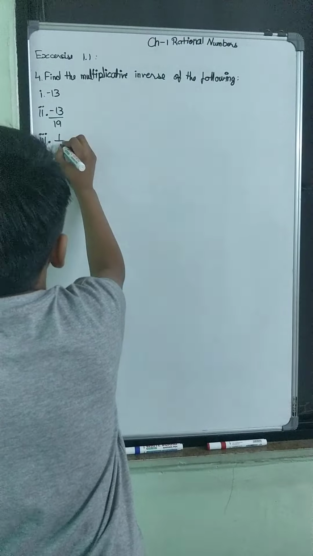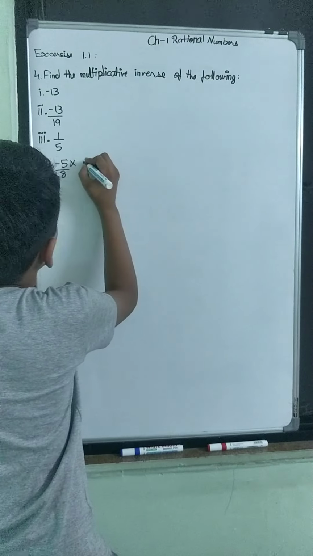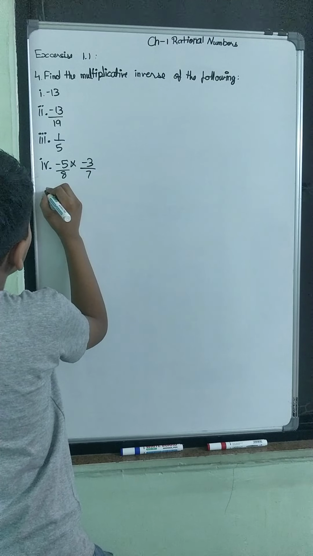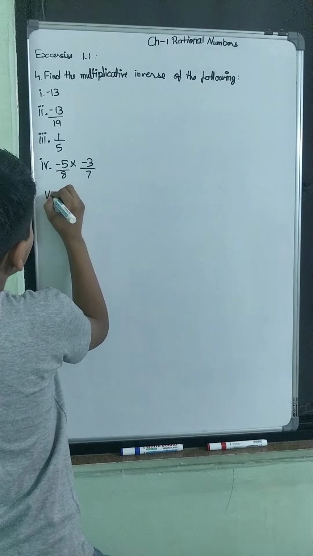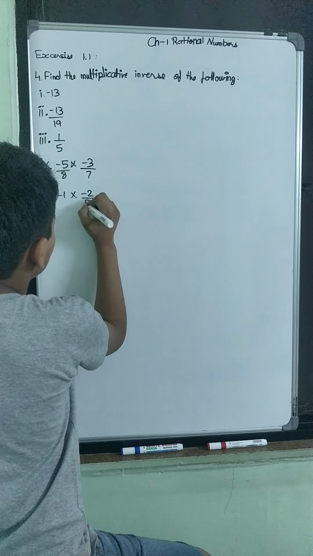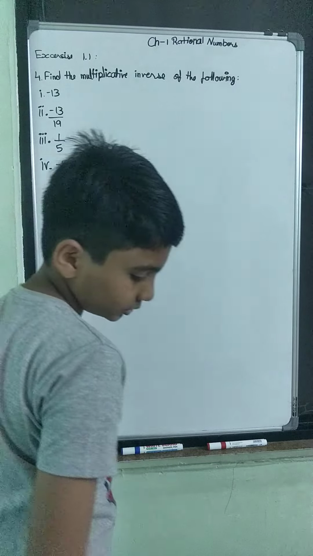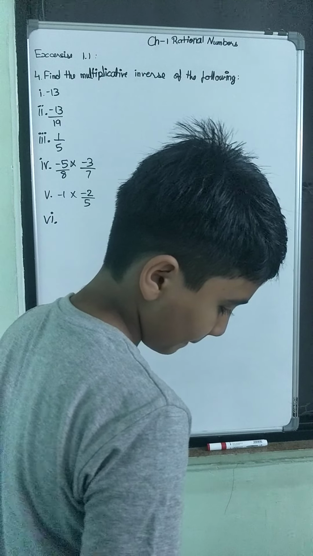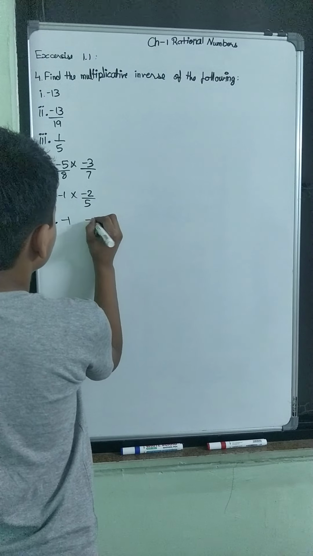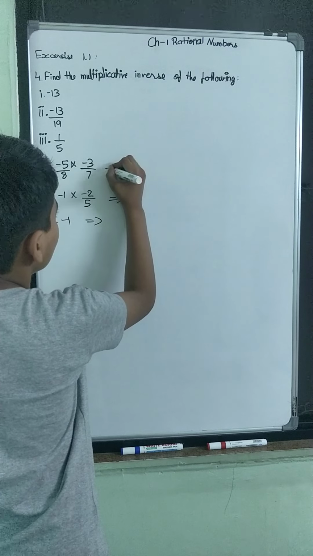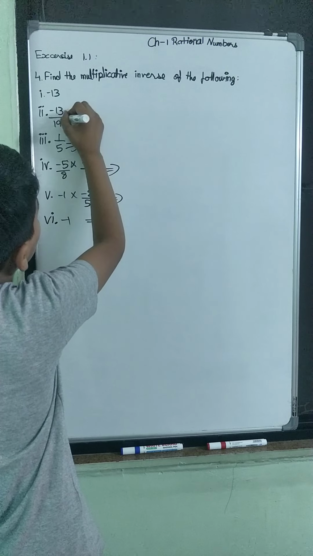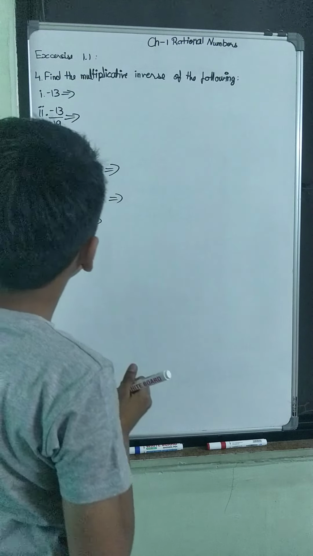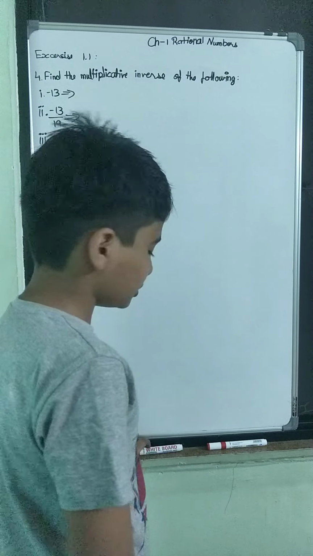Fourth is minus 5 by 8 multiplied by minus 3 by 7. Fifth question, minus 1 multiplied by minus 2 by 5. Sixth question, minus 1. Okay, we have to find the multiplicative inverse of these numbers.